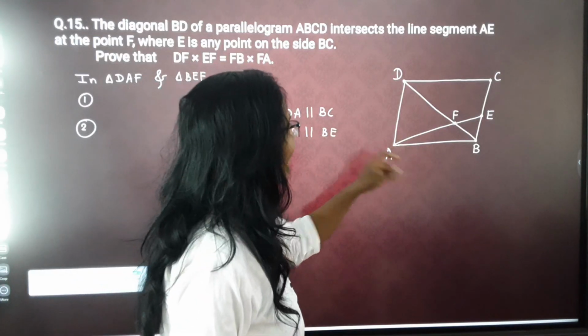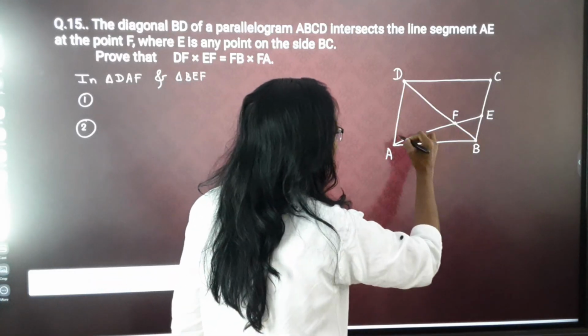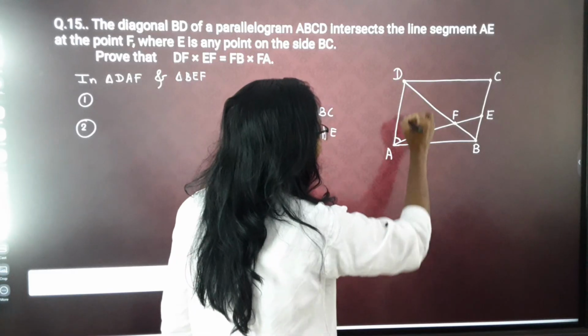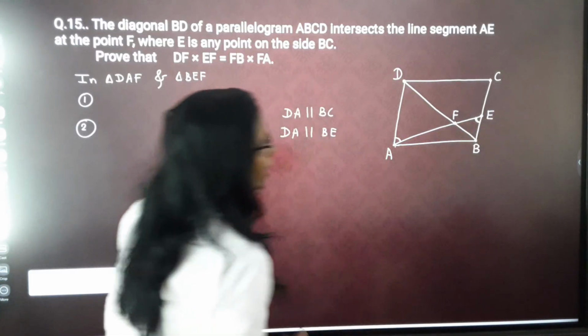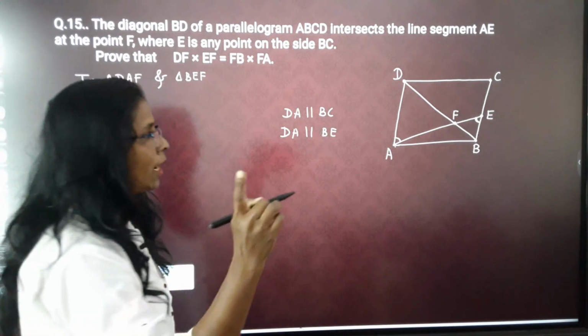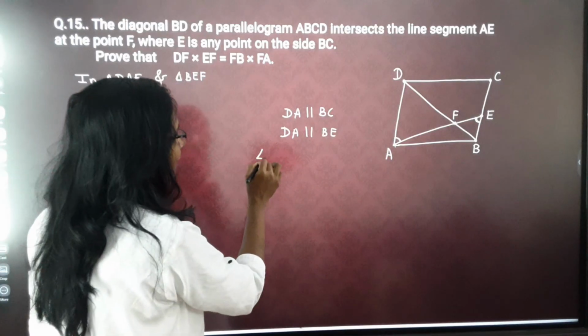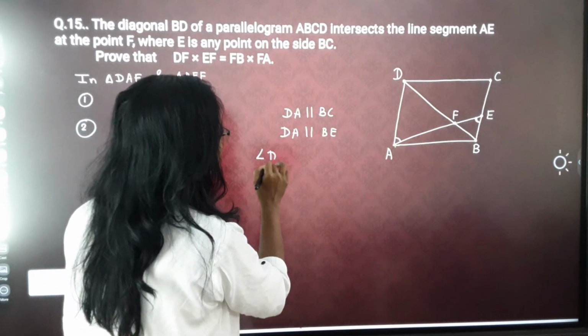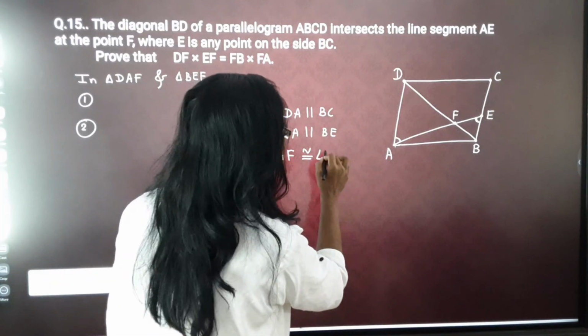Now here, students, this angle DAF is congruent to this angle, because these two angles are alternate interior angles. So we can write down angle DAF is congruent to angle FEB.